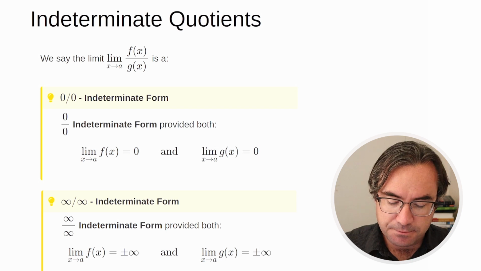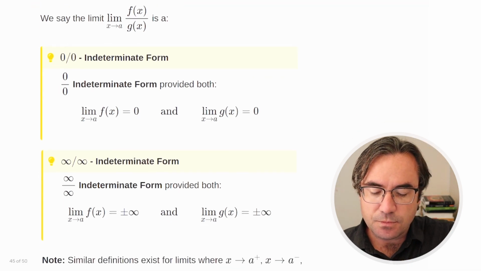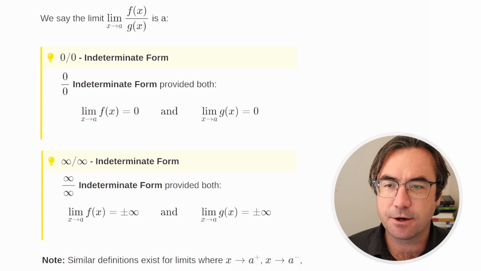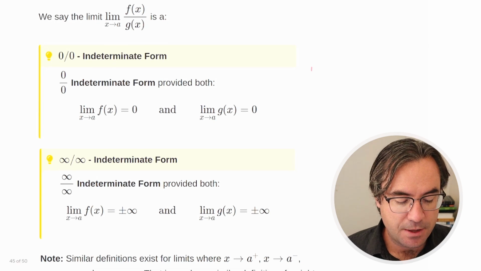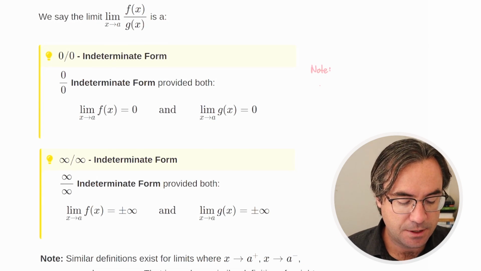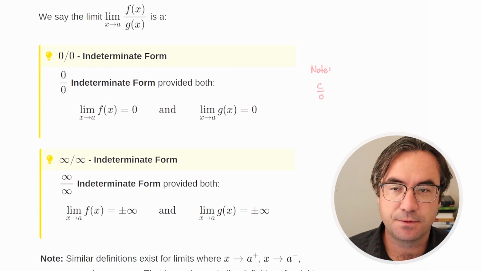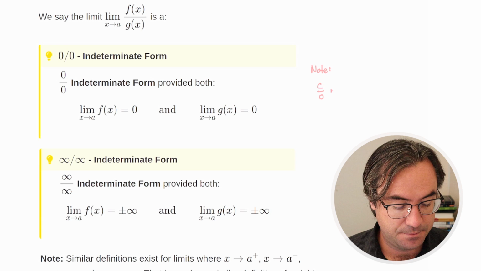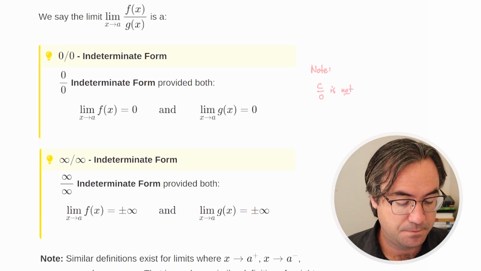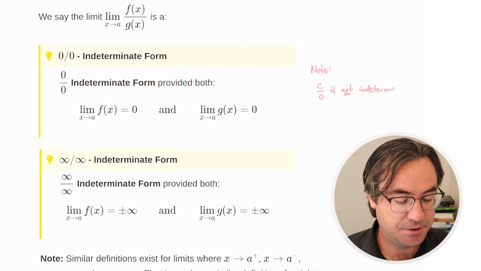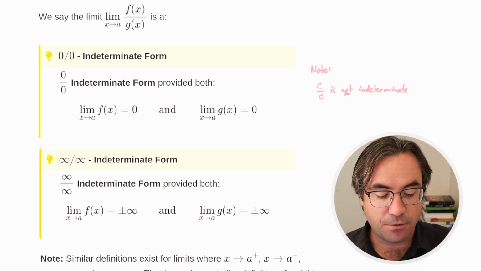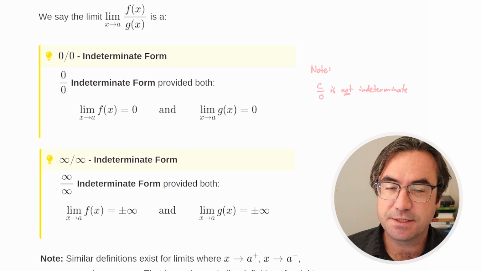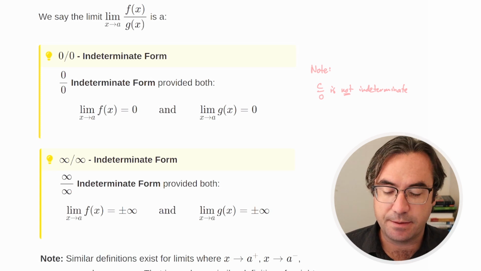Worth mentioning, as we're recalling here, for 0 over 0, it's worth remembering that c over 0 is not indeterminate. Just because we have 0 in the denominator doesn't necessarily mean we have an indeterminate form. If it's a non-zero number on the top, well, this was our infinite limits.